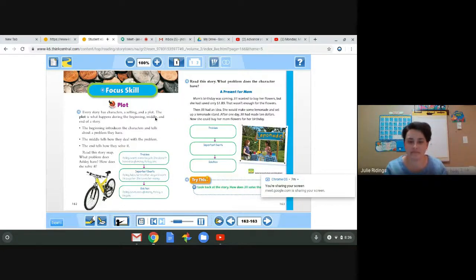Try this. Look back at the story. How does Jill solve the problem? Okay, so looking at the story A Present for Mom, the problem. What is the problem in this story? What was the problem that Jill had in the beginning? So look back up at our first paragraph, the first indent, the second sentence.